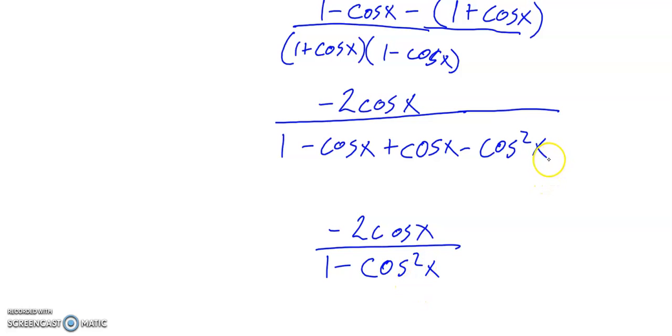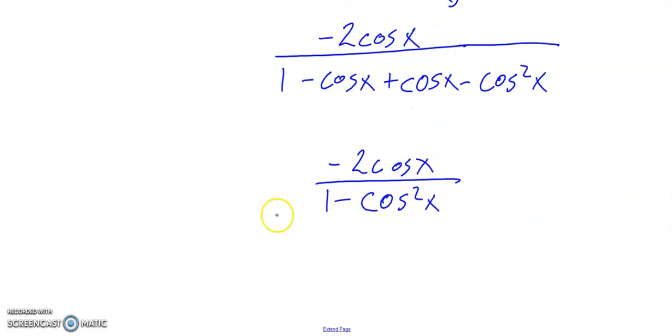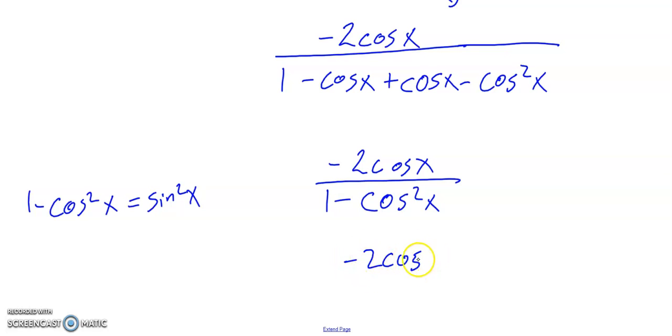So far so good. Well, 1 minus cosine squared x, that's a Pythagorean identity. If you look at our identities in 3.1, that gives me sine squared x. So the fraction I'm left with now is negative 2 cosine x over sine squared x.